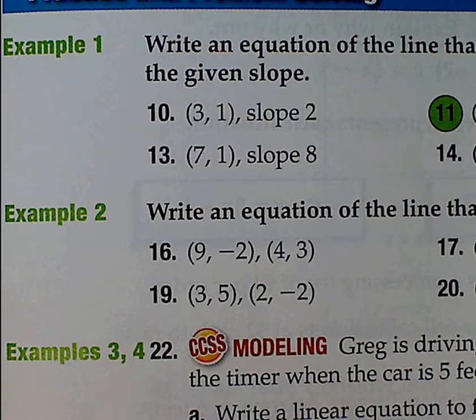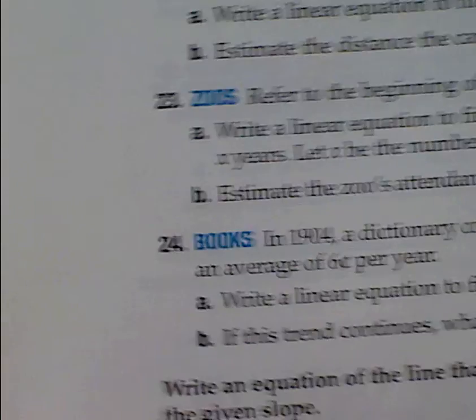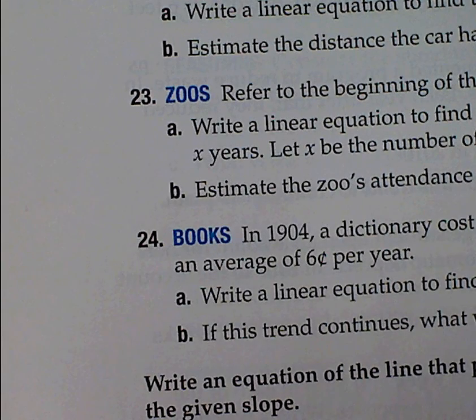Page 229, number 24. Here we go. It states, in 1904, a dictionary cost 30 cents.